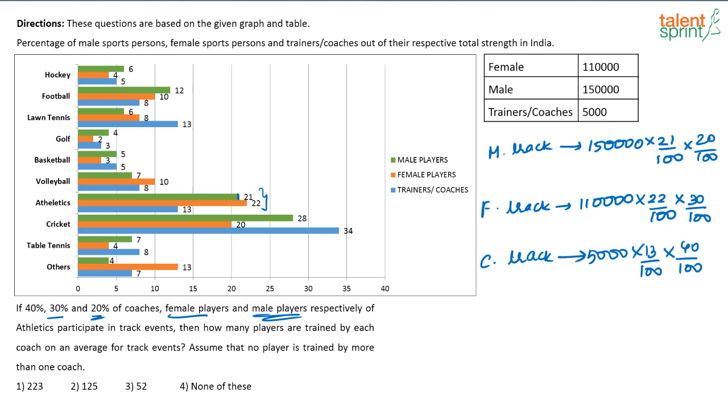Right, you have to find these three values, add these two. When you add these two, you will get the total number of sports persons who are appearing for track events, and you will get how many trainers are there using this. Find the total number of sports persons divided by the number of coaches. That's what they are asking, right? How many players are trained by each coach on an average for track events?